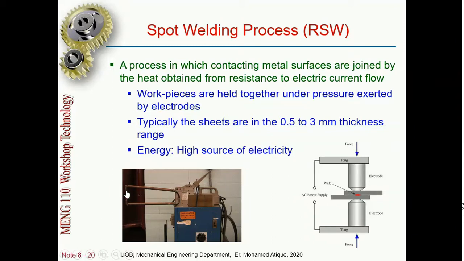See, here you can see these two electrodes. These two electrodes will hold the sheets between them, apply the pressure and start the electric current. Due to the passing of electric current, due to the resistance, heat will be produced between the two surfaces, hence joining the two sheets. So this is also a permanent method of joining sheet metal.